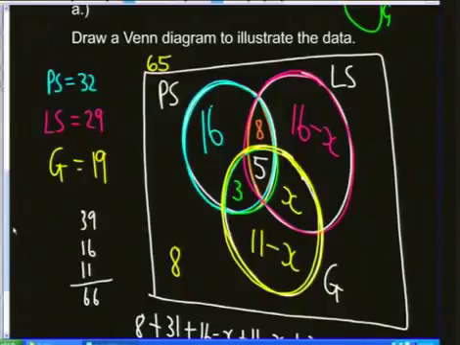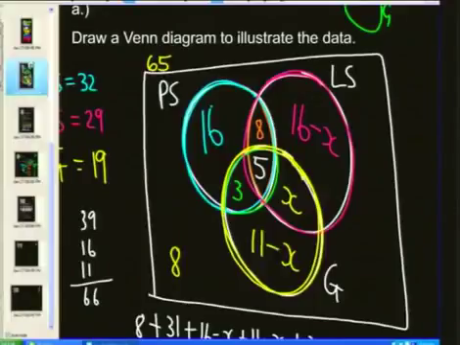So therefore, if we chose students here, those would only do life science. And if we chose students here, those would only do geography. These students here are the ones that are taking both life science and geography, and we've calculated x as 1, so it would be 1 out of the 65.